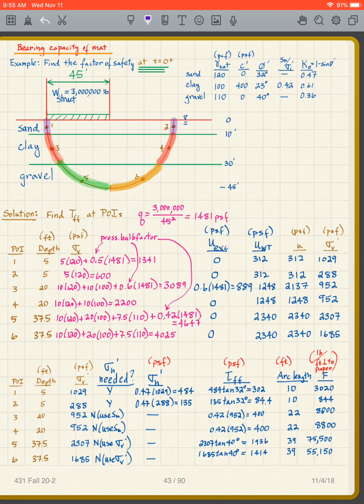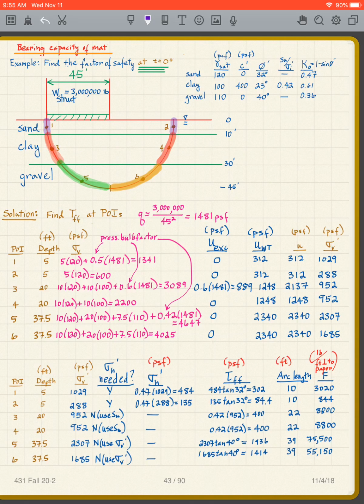My goal is to find the bearing capacity, the factor of safety. So what I want to do is find tau FF at the points of interest. I've drawn the circular failure surface like that, and then I've broken it up into segments. Obviously, in practice, the more segments you break it up into, the more accurate your calculation is.